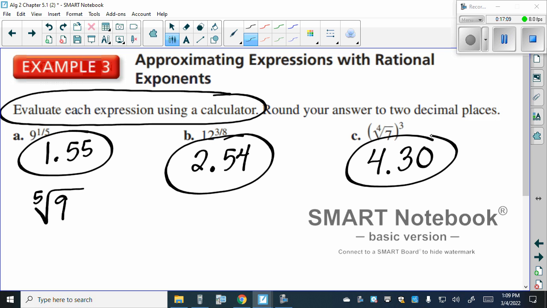We agree with 4.30? Since everybody is typing this in. Any questions on these here using approximates? Just typing them into the calculator.